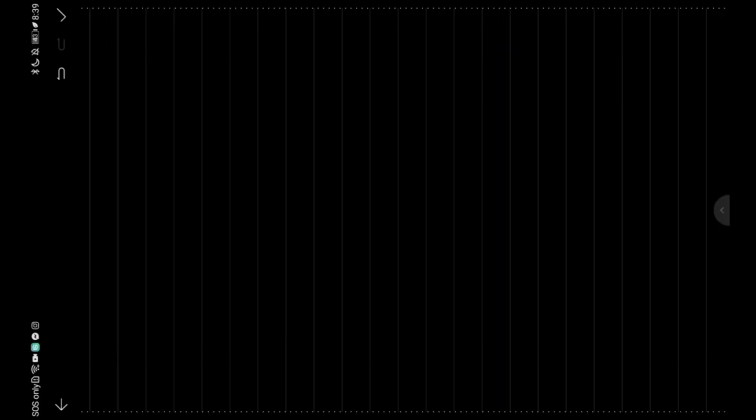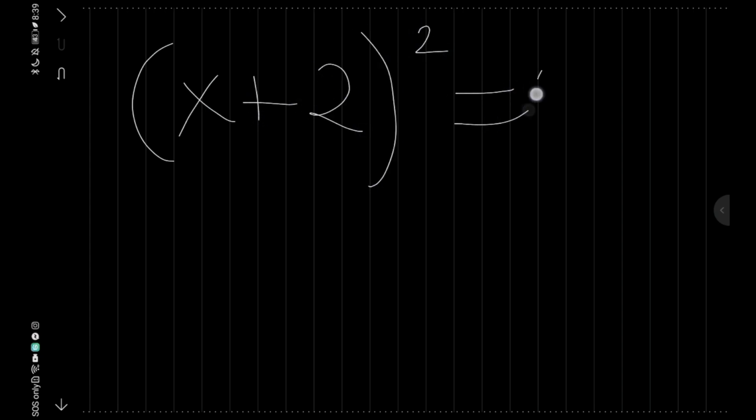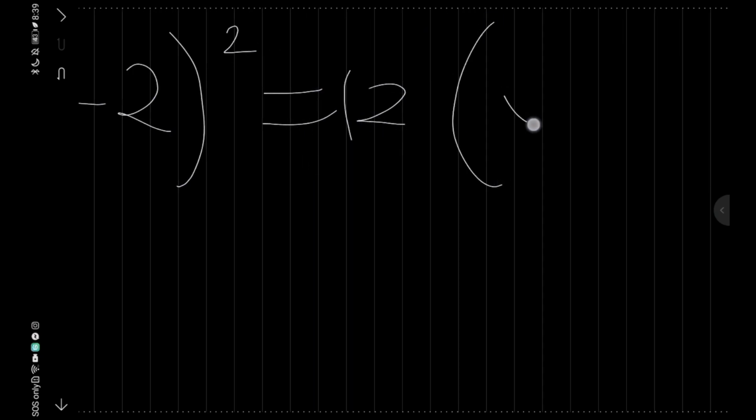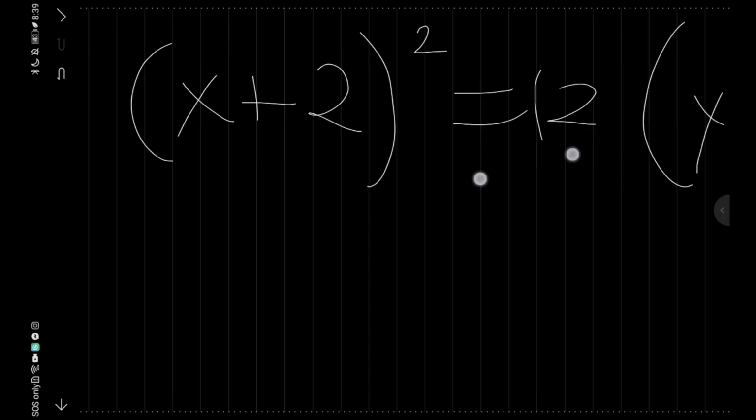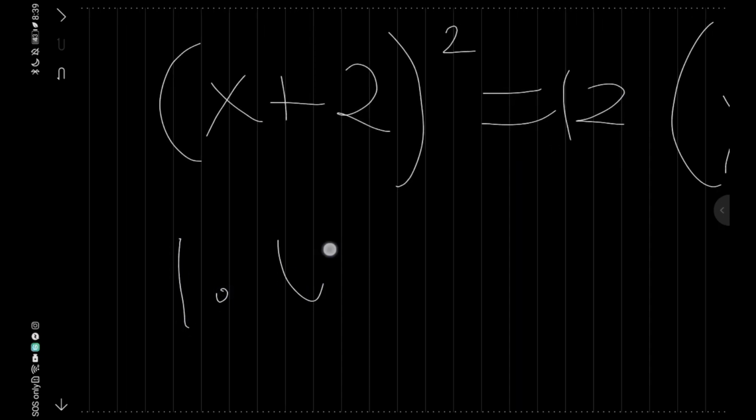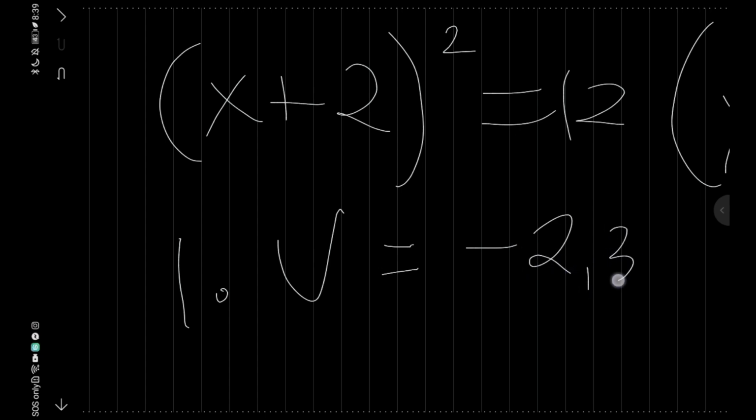Okay, let's have example number 1: (x plus 2) squared equals 12(y minus 3). For step 1, the vertex is negative 2 and positive 3.